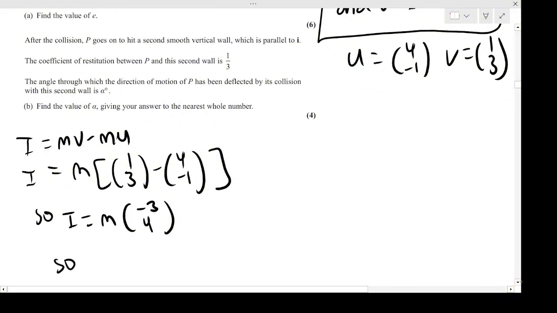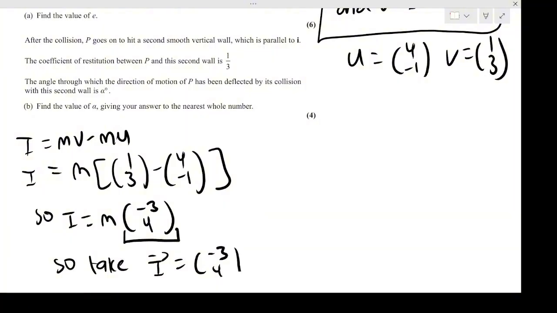So actually, if that is my true impulse vector, if I just want a direction vector, I can just take the vector (-3, 4), because m at the end of the day is just a multiple, so I can cancel down the multiple and get that direction vector there. So that's what I'm going to take for I here. Okay, and there we are.